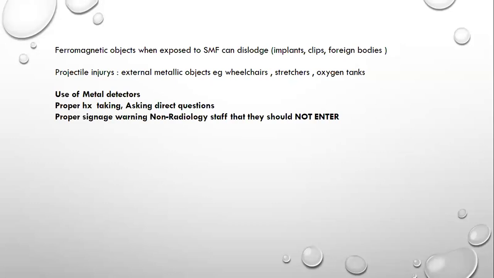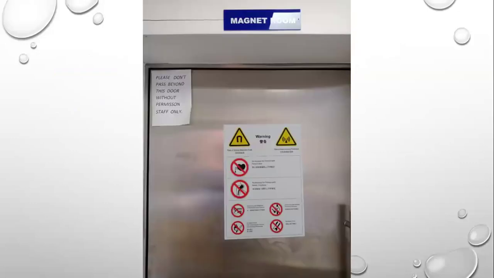So to ensure that safe MRIs are done, proper history taking has to be taken, asking direct questions. We have proper signage warning non-radiology staff that they should not enter, and also the use of metal detectors. These are examples of the signage. We have, please do not enter, please don't pass beyond the door.